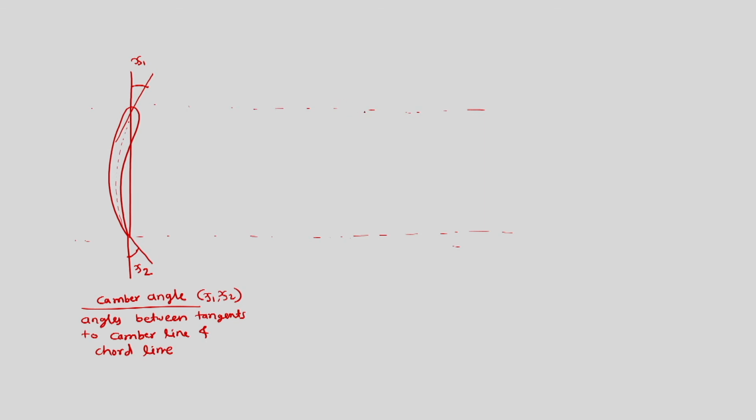So, for the blade angle, we will make the chord a little bit tilted. So, now this is chord, and now this is camber line, and now this is tangent to the camber.